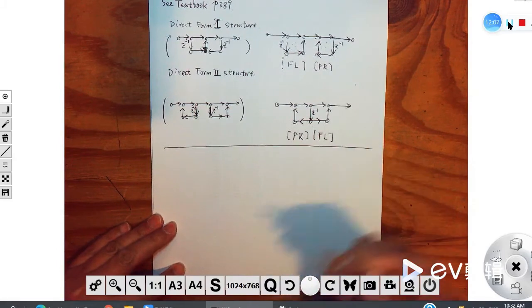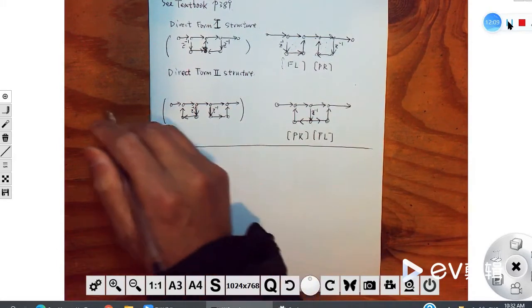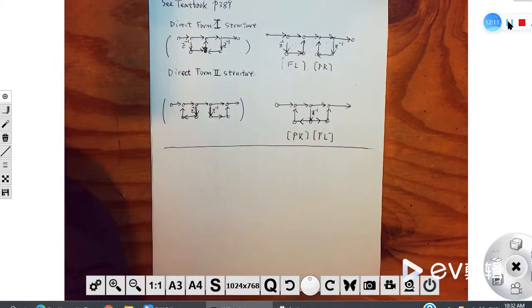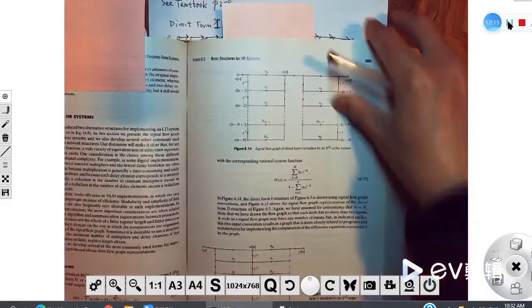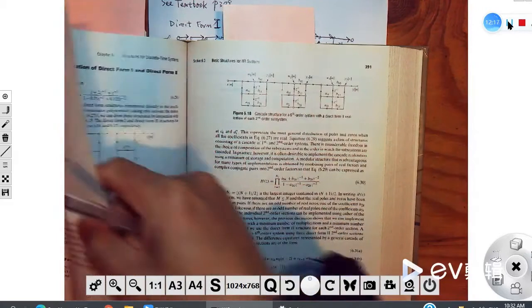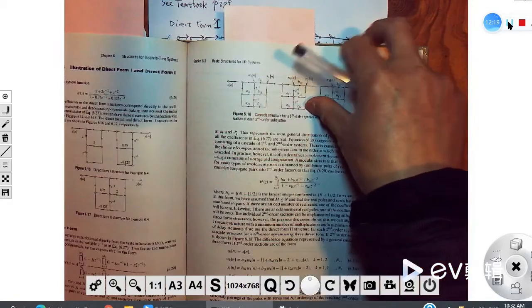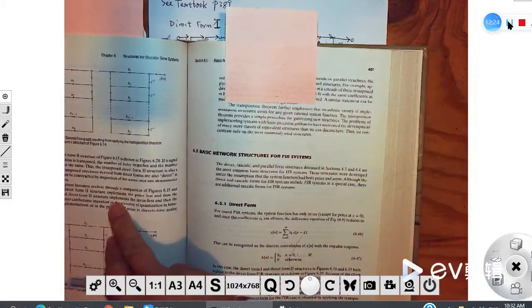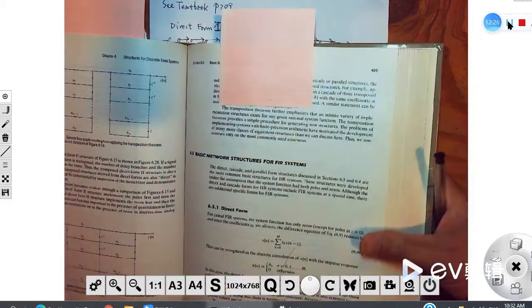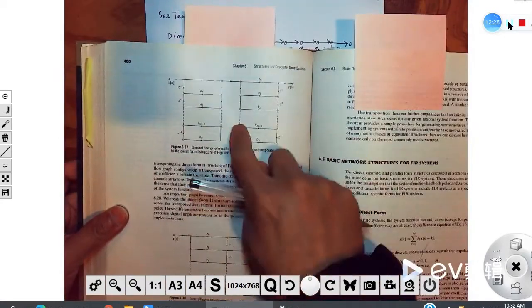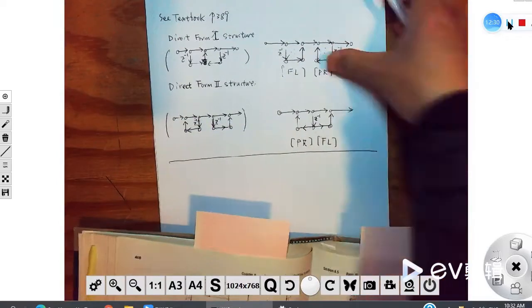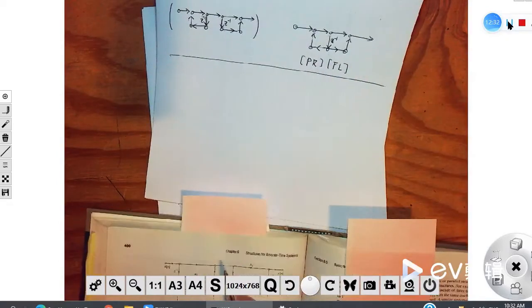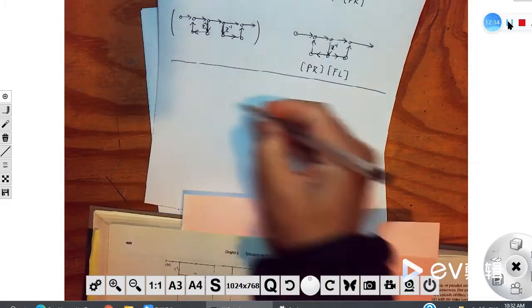Okay. Then we have the transpose one. Let's see here.